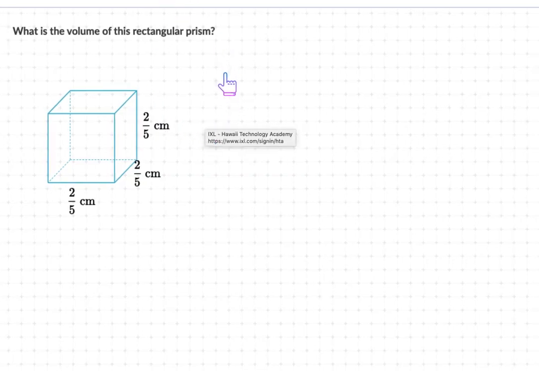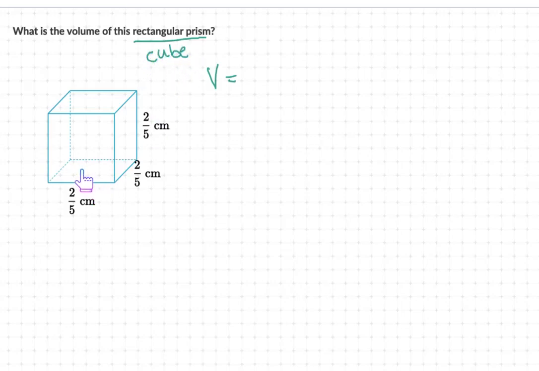Okay, so we have volume that we need to figure out. It says it's a rectangular prism, but I see all the numbers are the same. So it is a special type of rectangular prism. We've talked about this a couple lessons ago about how the cube is actually a special rectangular prism because squares are actually special types of rectangles.